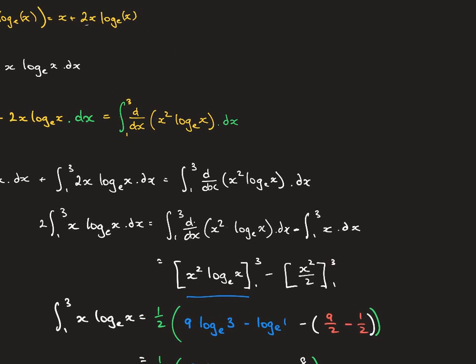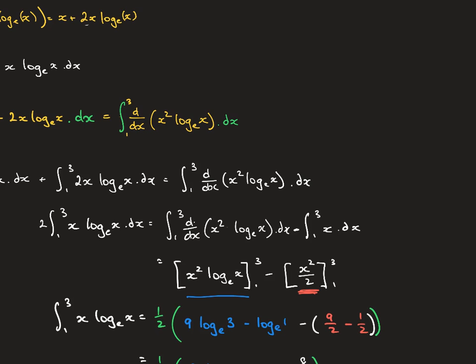When I do that, I get this blue section here and this red section here. That should have a little red line underneath.